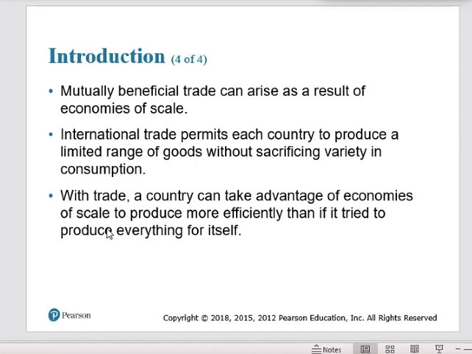Mutually beneficial trade can arise as a result of economies of scale. Everyone is going to benefit from having economies of scale. Let's combine these two ideas together.